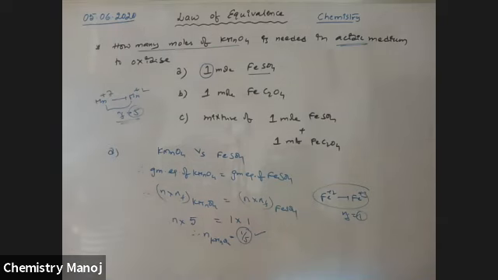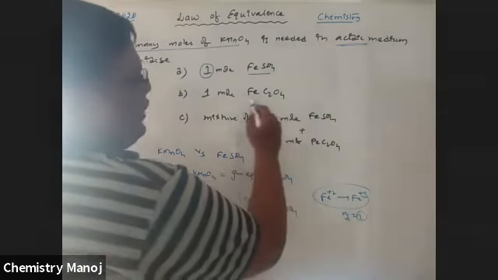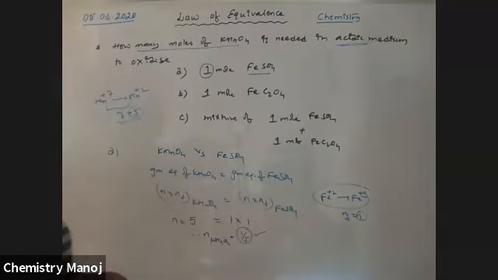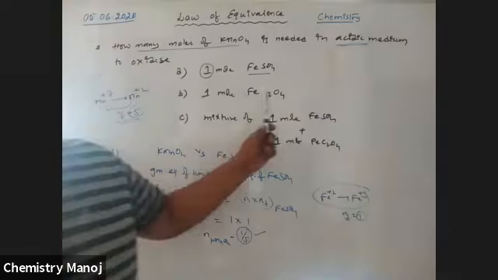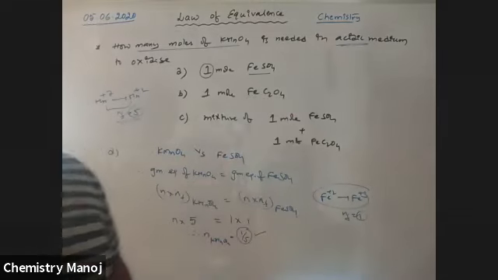Second question, what is the answer? FeC2O4, yesterday I calculated. What is the N factor for FeC2O4? Listen clearly, it was covered yesterday. No doubt they will give the answer. What is the N factor for FeC2O4? Please tell me.